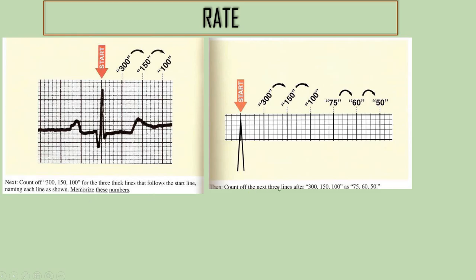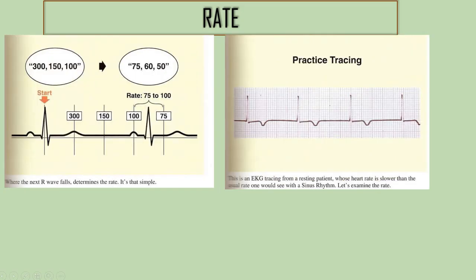Then number the next 3 lines after that as 75, 60, 50. Start with the R. Next, 300, 150, 100, 75, 60, 50. Where the next R wave falls determines the rate. It is that simple.